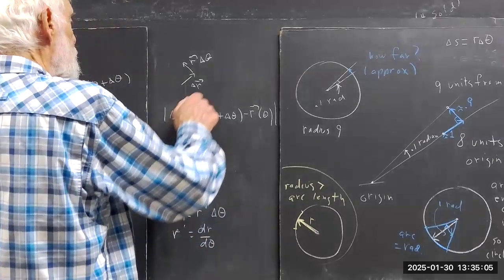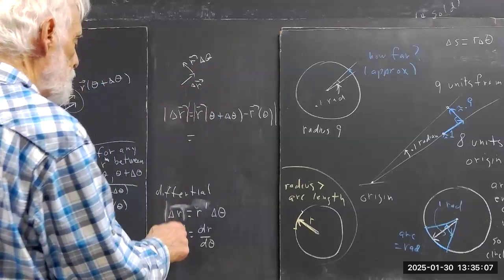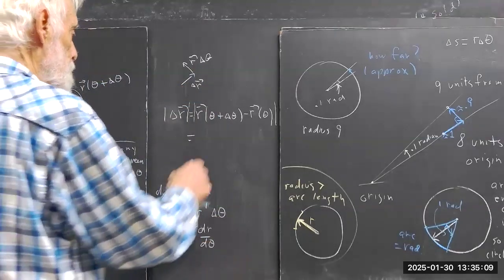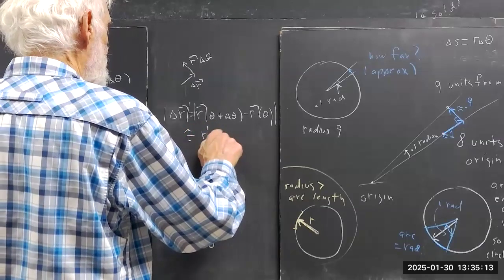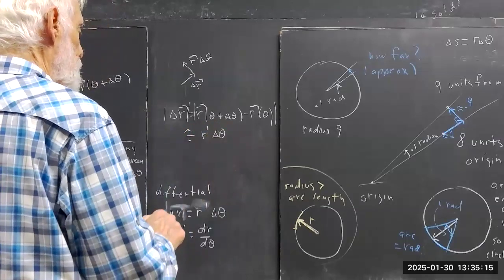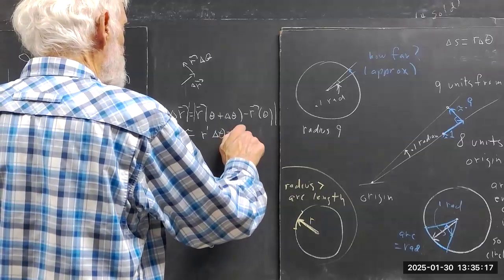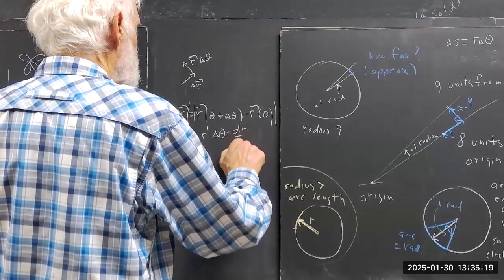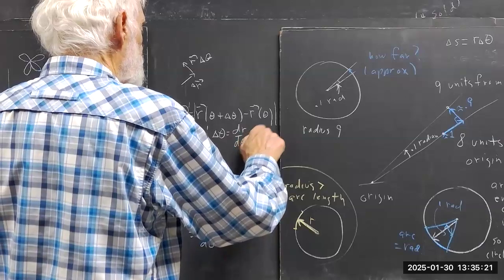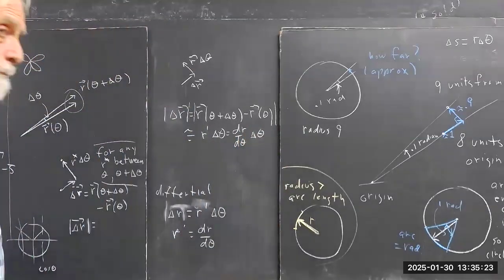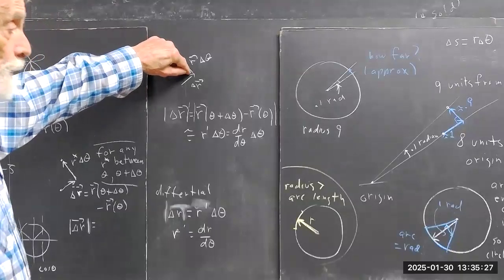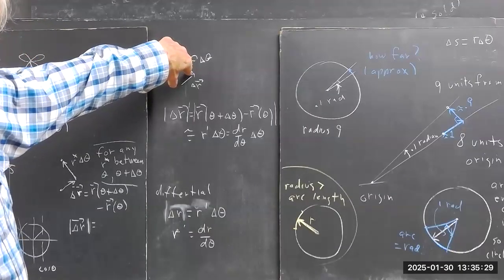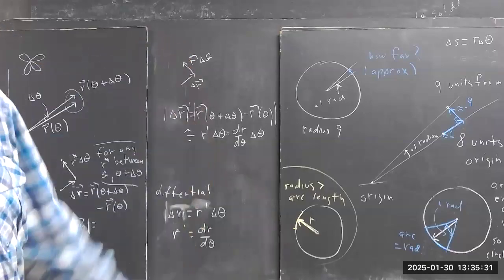So the magnitude of this delta R thing is your delta R without the vector, and it's approximately equal to R prime delta theta, or dr d theta delta theta. Now, if you accept this, then you understand that this is almost a right angle. Why is it almost a right angle?